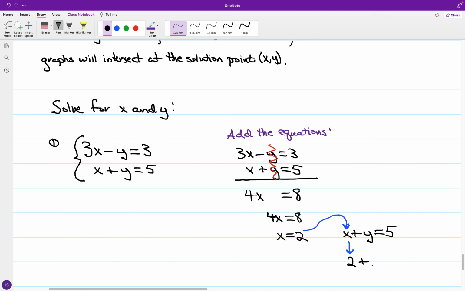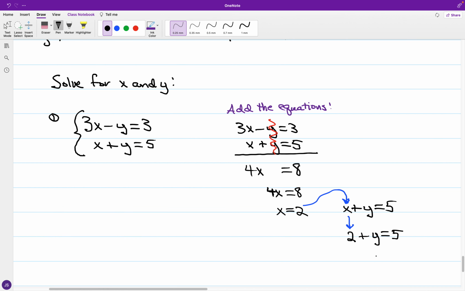So you have x at 2, and if 2 plus y is 5, we're going to have that y is equal to 3. And we can check the results here. You got x at 2, y at 3. So 3 times 2 is 6, and with y at 3, 6 minus 3 is equal to 3. And also with x at 2, y at 3, 2 plus 3 is equal to 5.